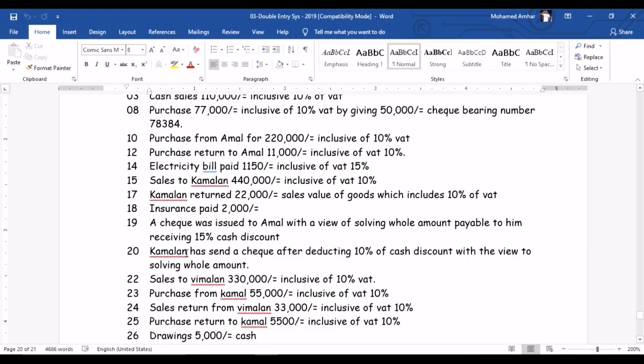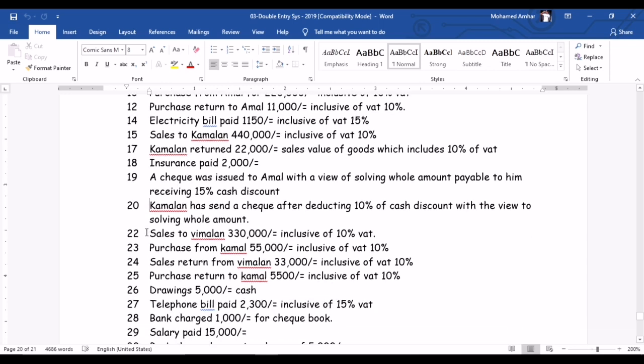Now go to the next date. The next date is 22. Sales to Vimalan 330,000 inclusive of 10% VAT. So in this 330,000, inclusive of VAT 10% is 30,000. So you have to write this in the sales journal because this is a credit sale.